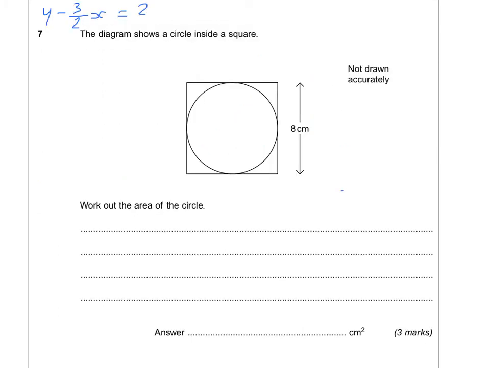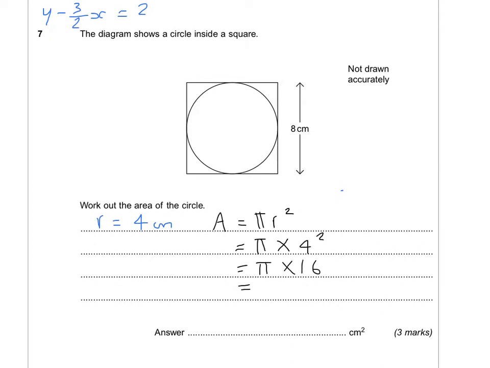Question 7. The diagram shows a circle inside a square. We have to calculate the area of the circle. Now, the first thing to note is that the radius of the circle is equal to 4 centimetres. We then need to use the formula for the area of a circle, which is pi r squared, and then pi multiplied by 4 squared, or pi multiplied by 16.